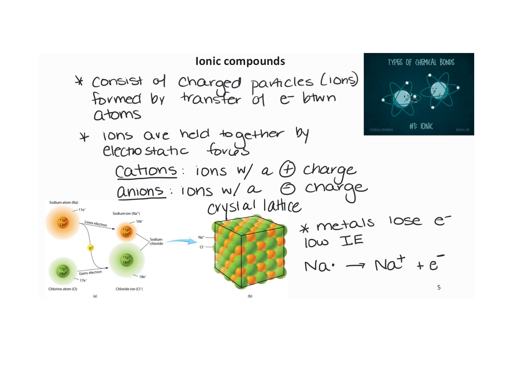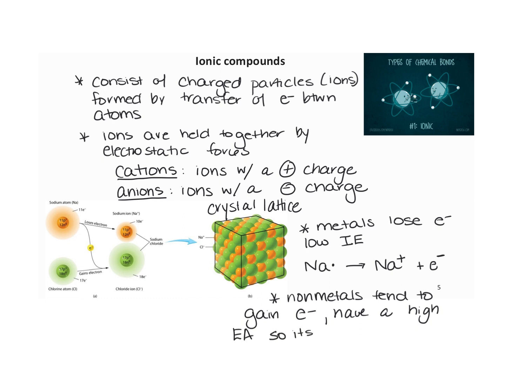Now, nonmetals tend to gain electrons. So these have a really high electron affinity, so it's easy to gain an electron. So nonmetals have a high electron affinity, so it's easy to gain electrons.